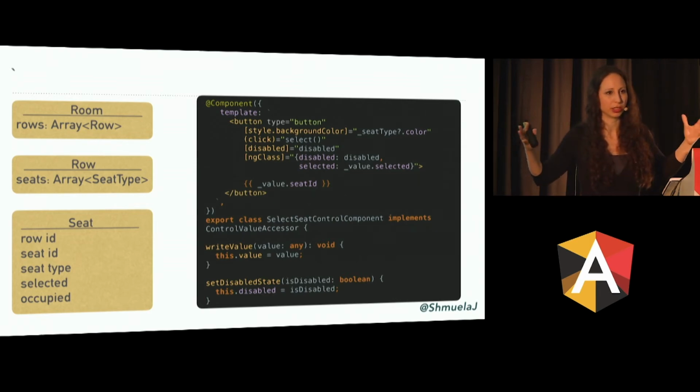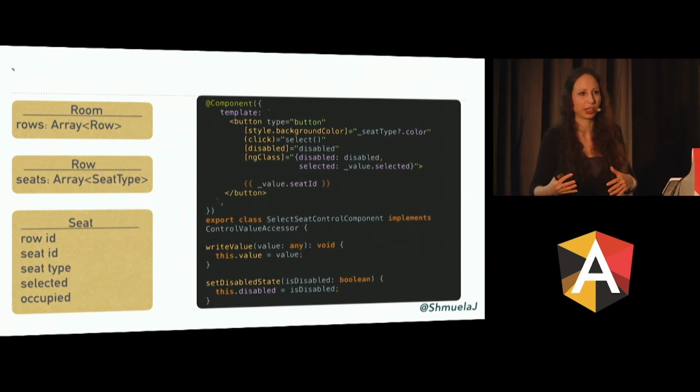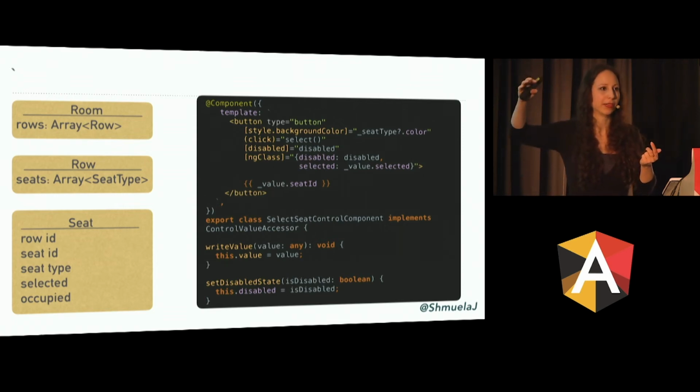So I chose to pass all the data as the value of the control, even though the user can't actually change it, because it's more convenient for me to have everything in one place instead of having only whether the seat is selected and then fetching all the other properties from a state or a service and so on.